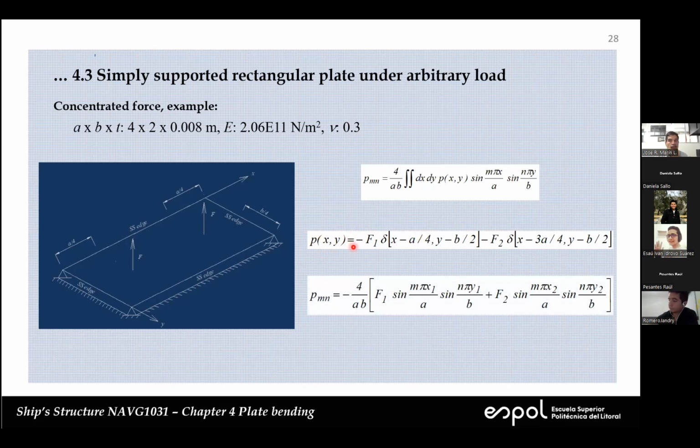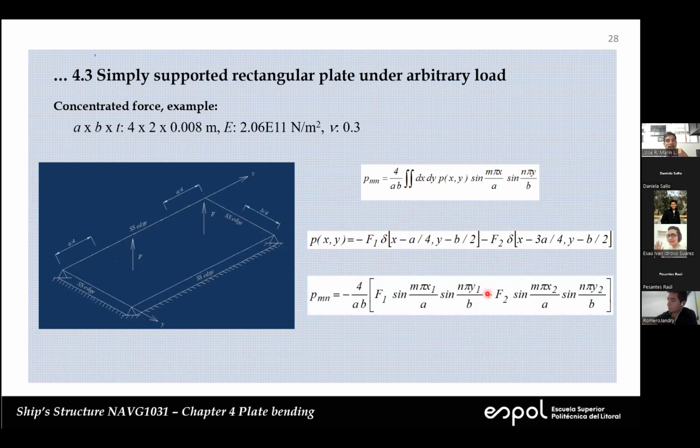We can go on and integrate. We can take this and put it into here. The result is going to be the evaluation of this function at the points of application. So you have to evaluate this here and here.